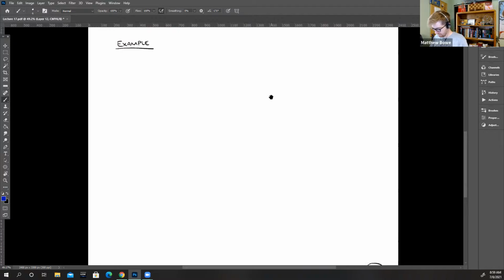I'll rewrite this stuff, or I'll peek back up at the top when we need it. So this example, again: uniform thin rod, length L, mass M.